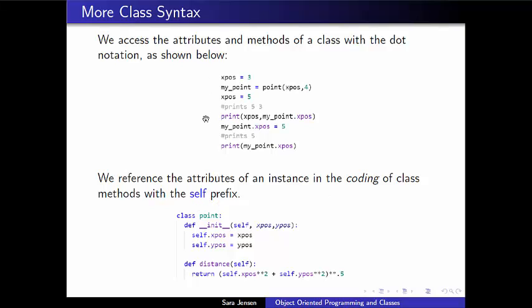The code right here shows how to access the attributes of a particular instance of a class object. How do we access the attributes of a class object within the class? For example, when I'm creating that distance method, how do I reference this particular instance's xPosition and yPosition?